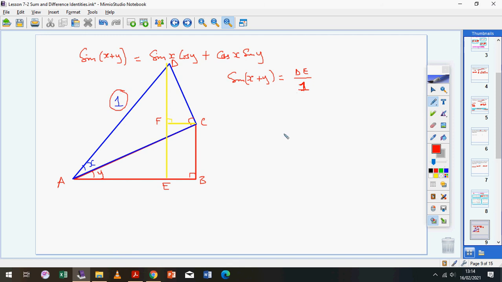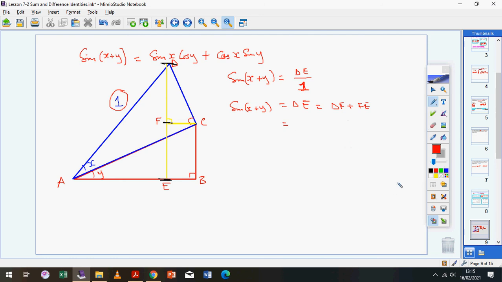So I see that sine of x plus y is just equal to DE. But something else that I see is that DE can be cut into two parts. D to E is the same thing as D to F plus F to E. So instead of saying sine of x plus y equals DE, it's just going to be DF plus FE.